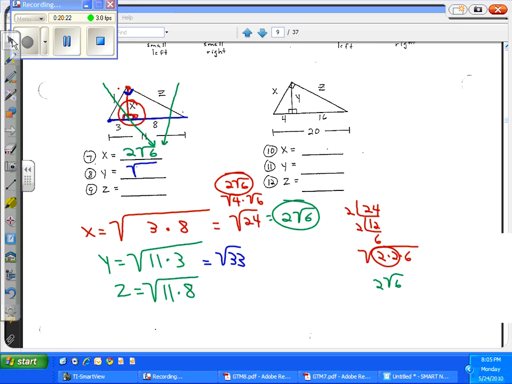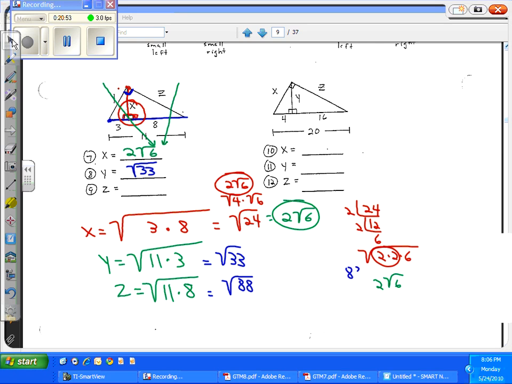Leg y is the geometric mean between the hypotenuse and the segment of the hypotenuse closest to that leg, or leg equals square root of hypotenuse times closest piece. The other leg z is the geometric mean between the hypotenuse and the segment of the hypotenuse adjacent to that leg. In other words, leg z is equal to square root of hypotenuse times piece closest to it, 8. So we get square root 88.